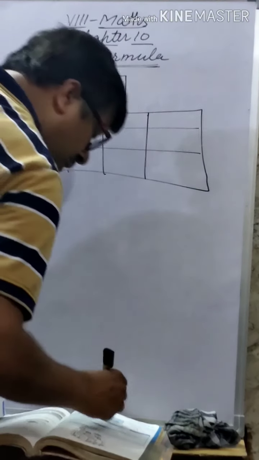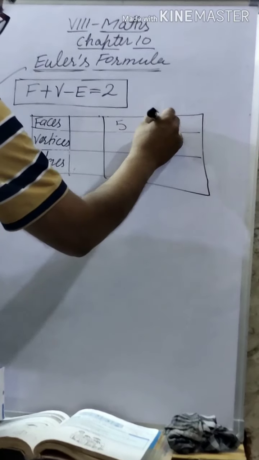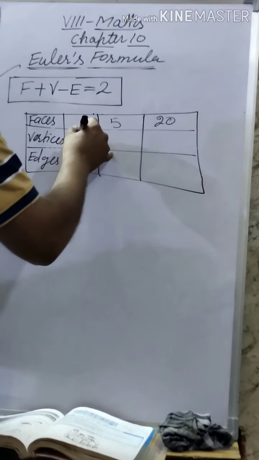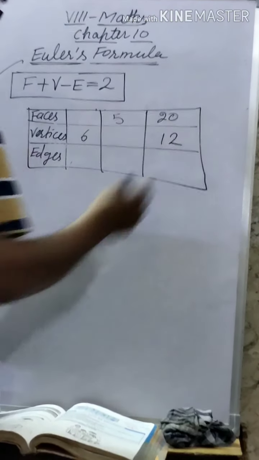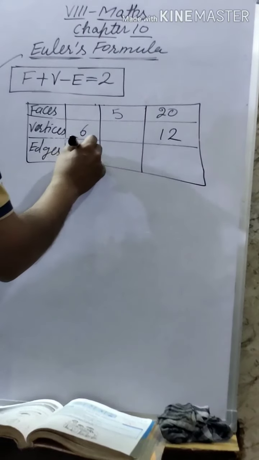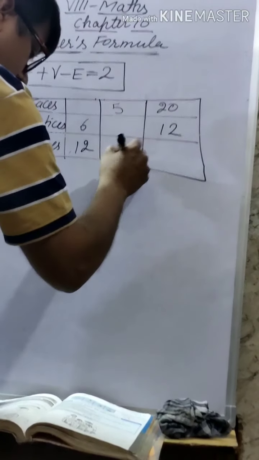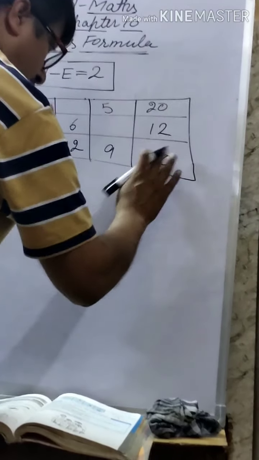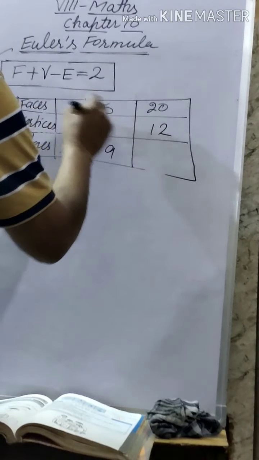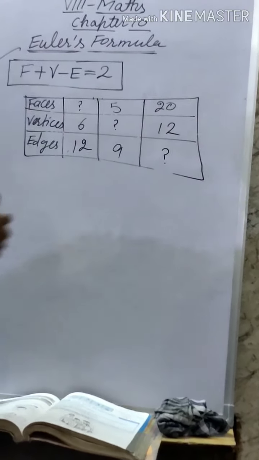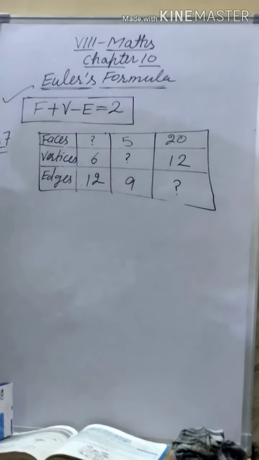So 8, here 5, 20, and 6, 12, and then it is given 6, 12, and then edges 12 here, 9 here, 30 written here. And then not 30, you have to prove 30 here. So now this is a question mark, this is a question mark, this is also a question mark. First you understand this table.